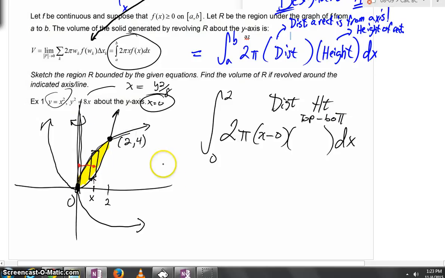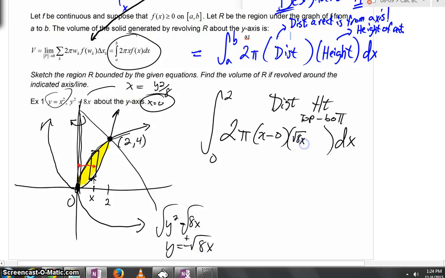The sideways parabola was y squared equals 8x, or x equals y squared over 8, either way. But think about that. If you had y squared equals 8x, how would I write that as a function of x? y equals the square root of 8x. It's plus or minus, right?